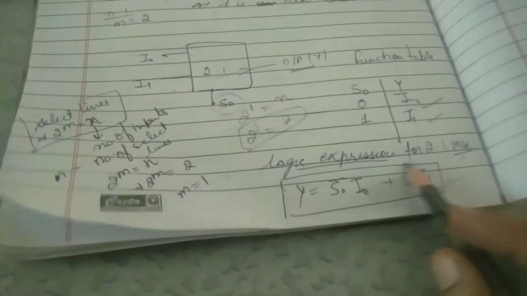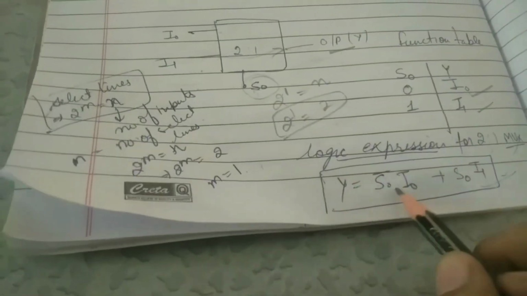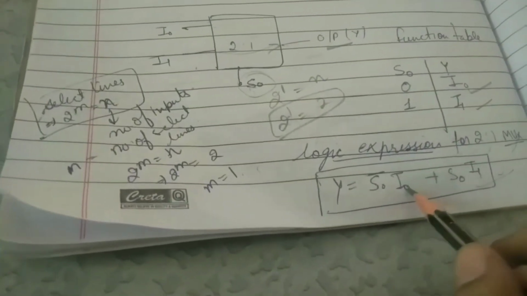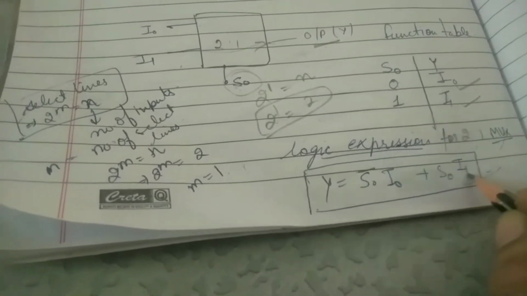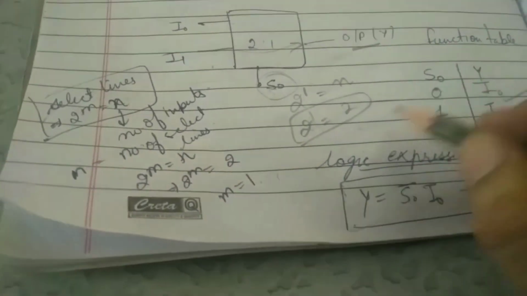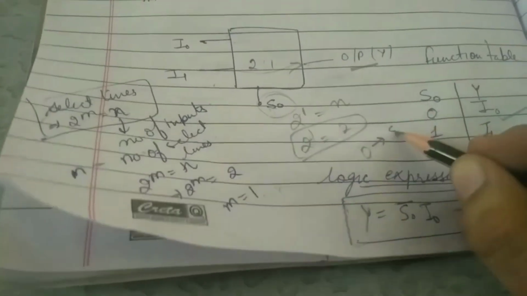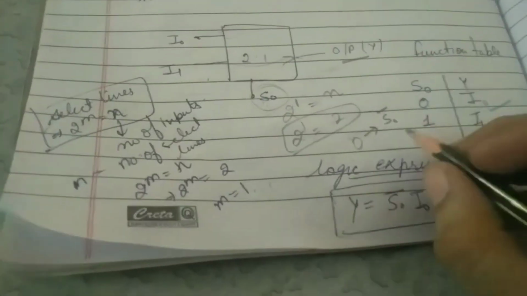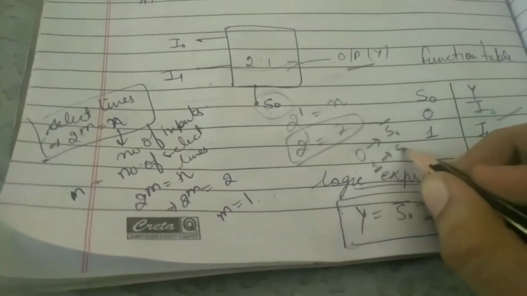The logic expression for the 2:1 multiplexer is Y equals S0 complement into I0 plus S0 into I1. See, whenever we are given 0, then we write S0 complement, and if we are given 1, then we simply write S0.